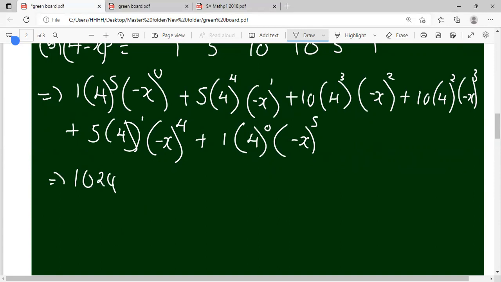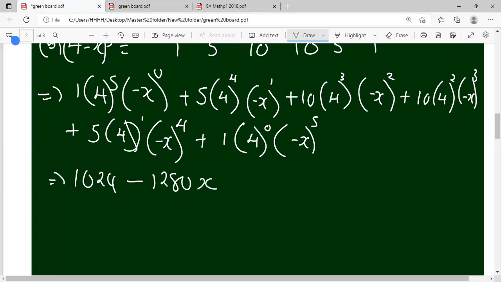Now, the second term here, negative x is raised to the power 1, so the answer will be negative. So 4 to the power 4 times 5, we are going to get minus 1280x. All right?